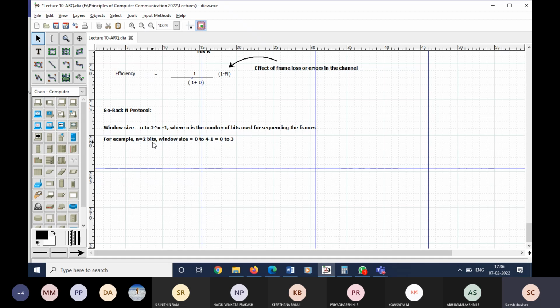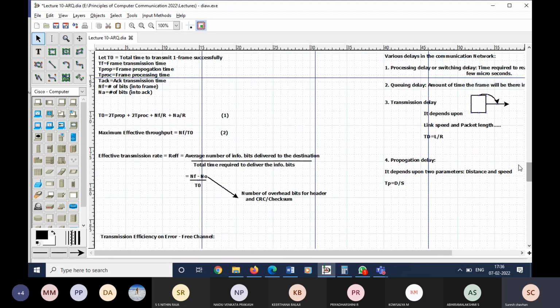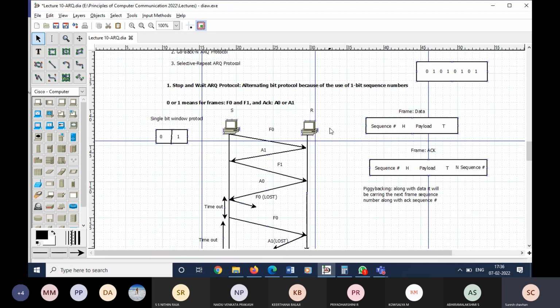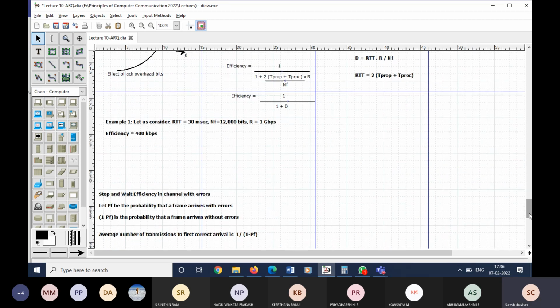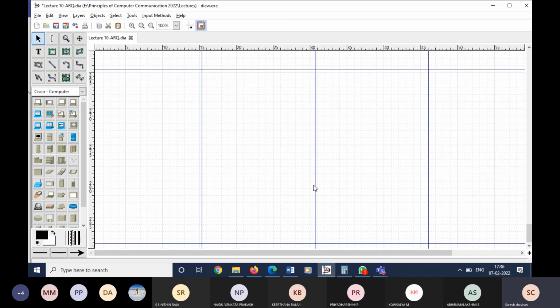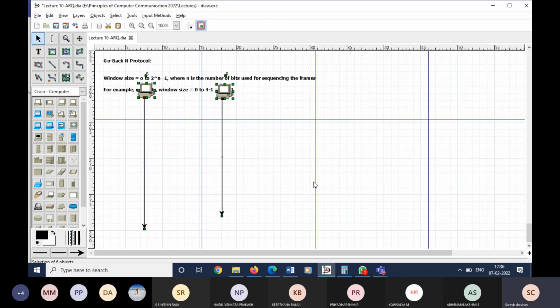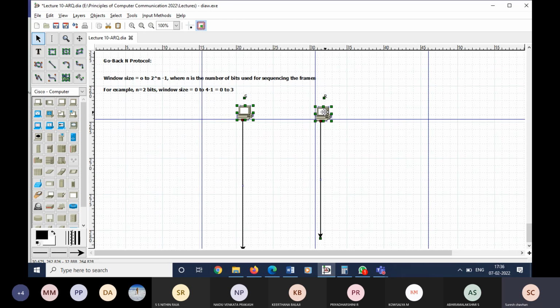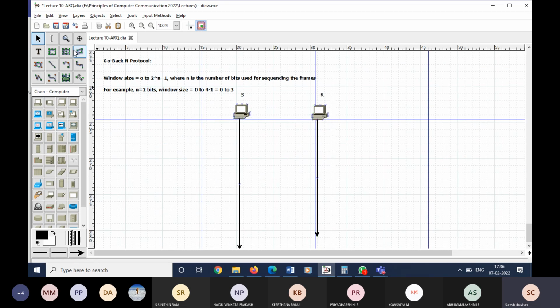At the receiver side, in the Go-Back-N protocol, only one window concept is used. Let's see one example.